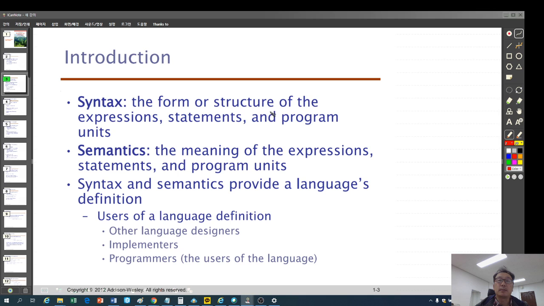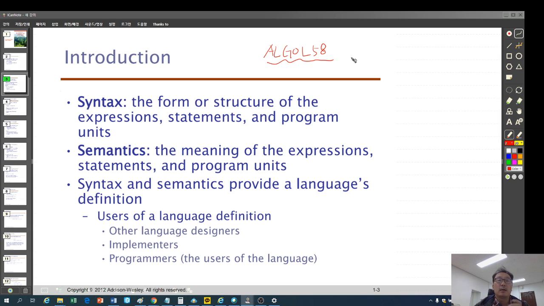You can imagine when we developed programming languages in early times, for example, ALGOL 58. This is the first language defined by an international group, ACM from the US and GAMM from Europe.